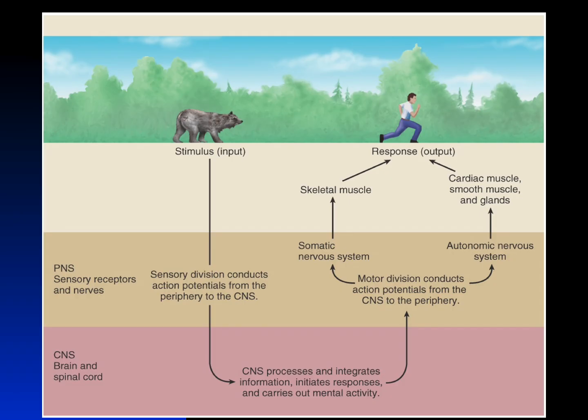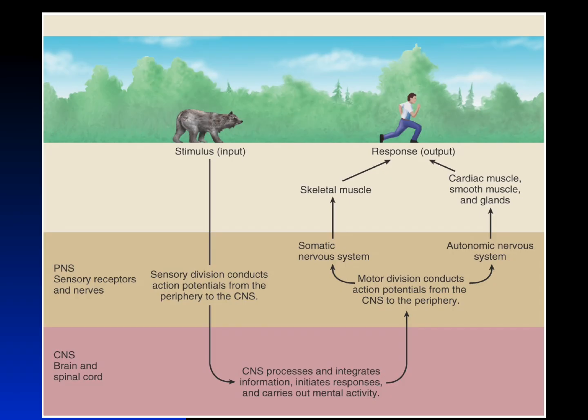The sensory division of the peripheral nervous system will carry action potentials to the central nervous system. The central nervous system, brain and spinal cord, will process and integrate that information, and it'll initiate responses to carry out this mental activity.